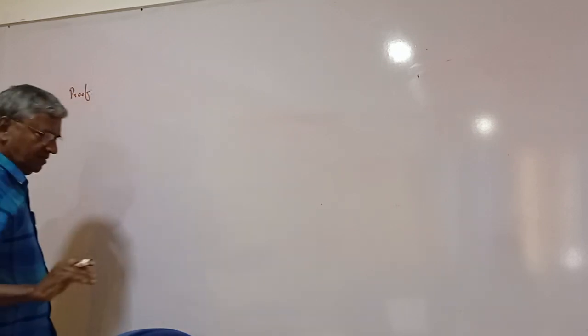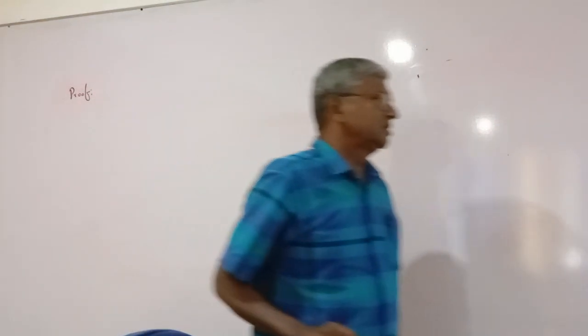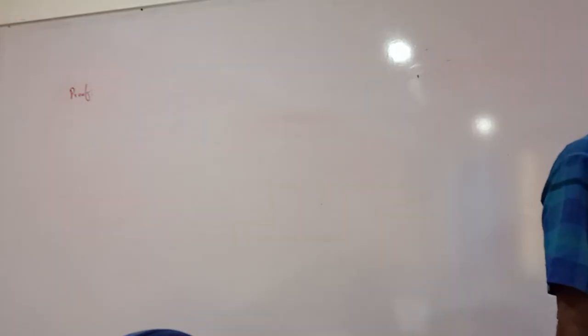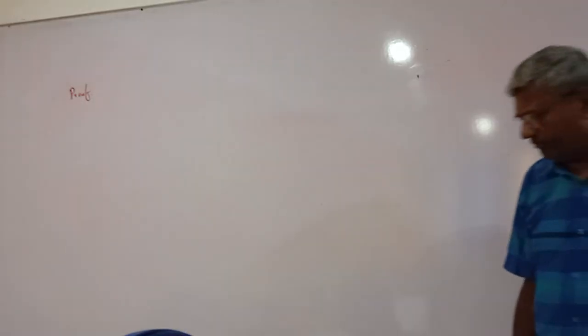I am not going to write the test on the board, so I am going to prove it only. Corollary. Proof. What do I have to show? Let this be a convergent series of real numbers, then we must have limit n tends to infinity a_n equals 0.